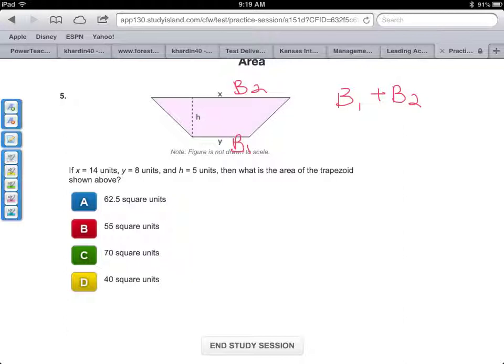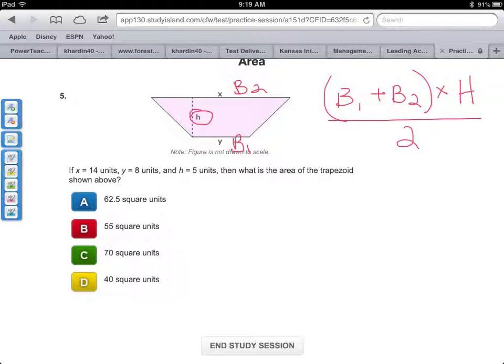Then you're going to take that times the height, which is right here, and then you divide the whole thing by 2. Now the reason this equation is so confusing is that we're actually breaking the trapezoid down into a square or a rectangle with 2 triangles. And when you do this, this is the equation you come up with.